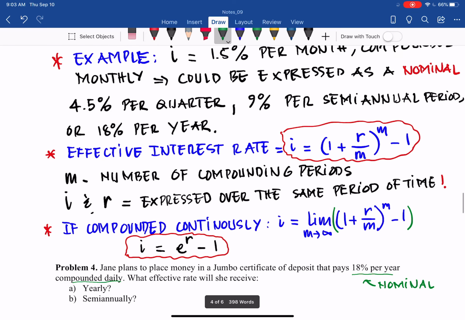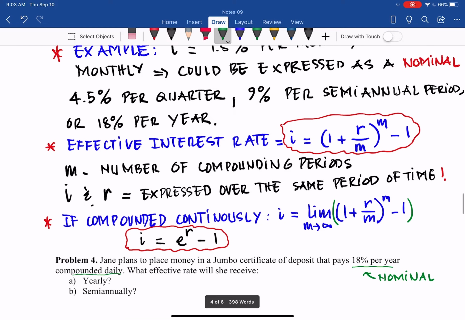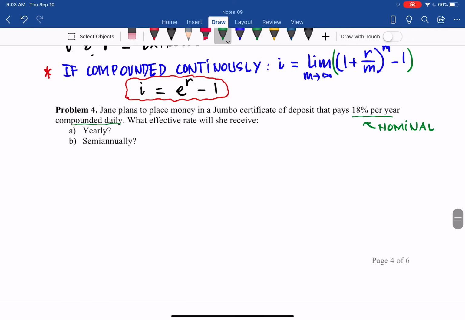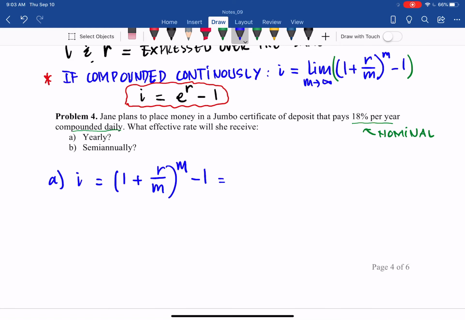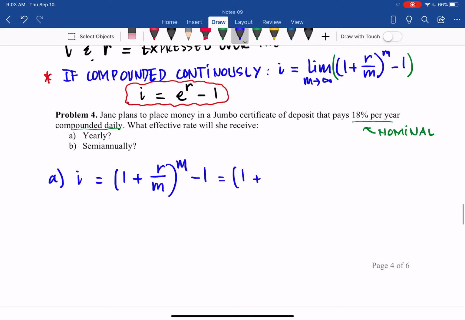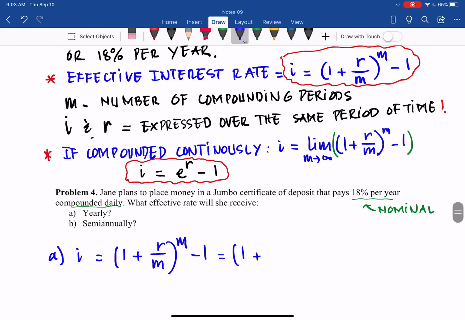Again, we can apply the equation I equals 1 plus R over M, to the power M, minus 1. So let's do that now. The first scenario is per year, yearly. So I per year equals 1 plus R over M, power M, minus 1. R has to be spread over the same period of time.